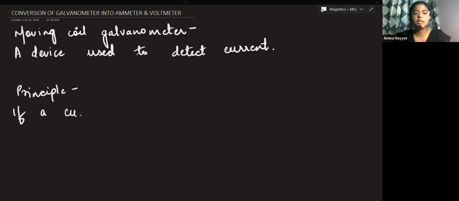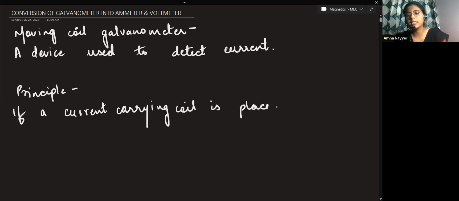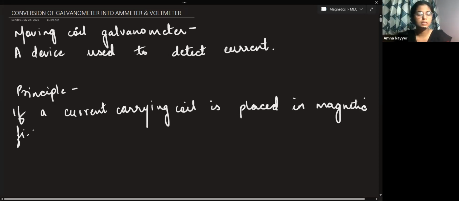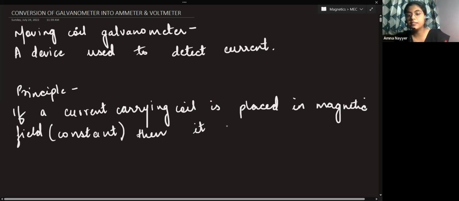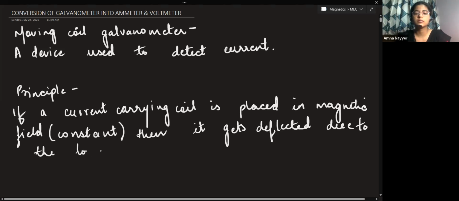So if a current carrying coil is placed in a magnetic field, and this magnetic field has to be constant, then it gets deflected due to the torque experienced by it. Just do one thing, note this down, we'll discuss it in 2 minutes.